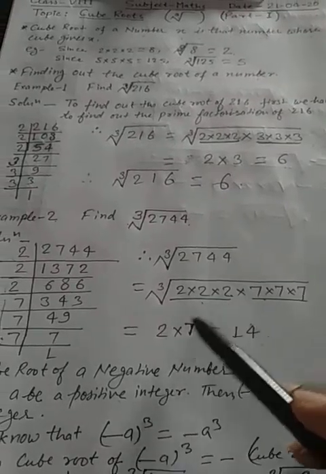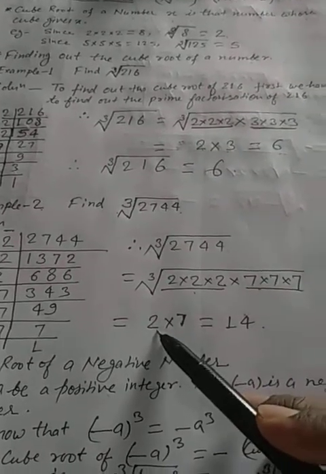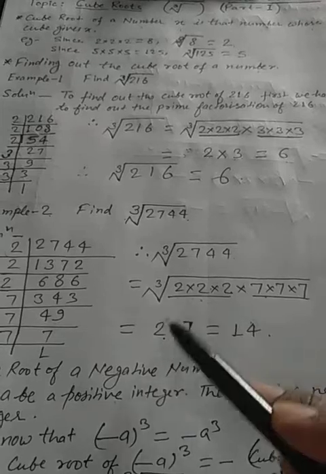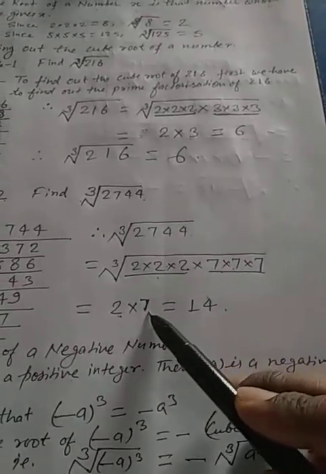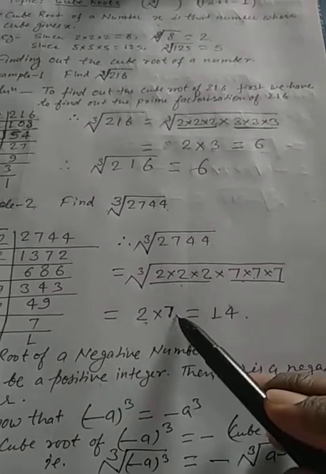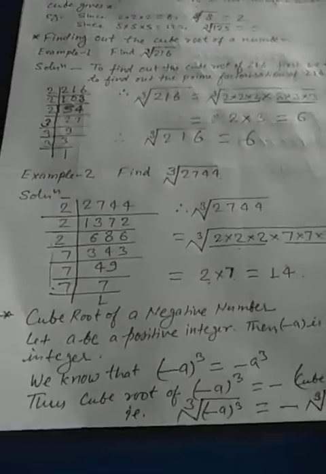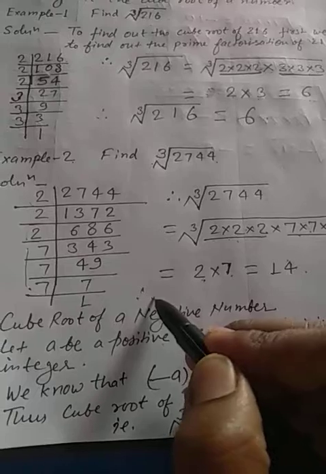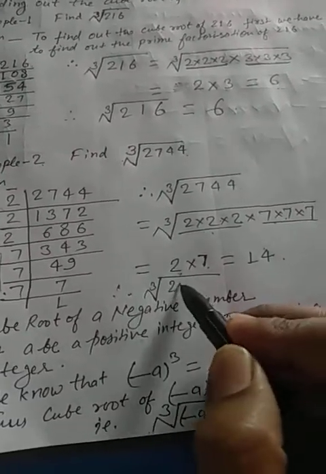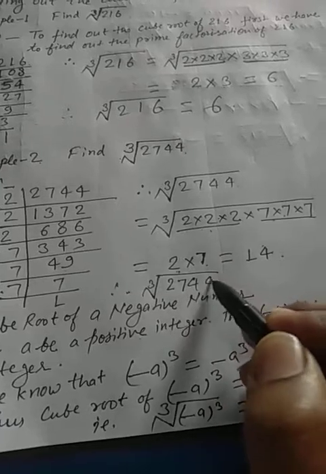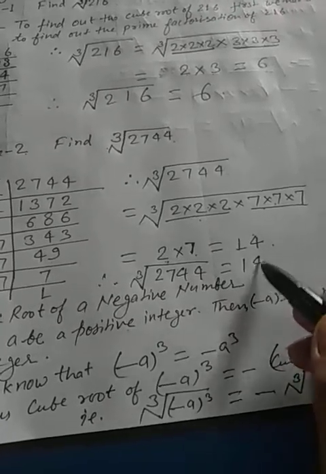For each triplet we can take out 1. For the triplet of 2, taking one 2. For the triplet of 7, we can take one 7. 2 sevens are 14. Therefore, the cube root of 2744 is 14.